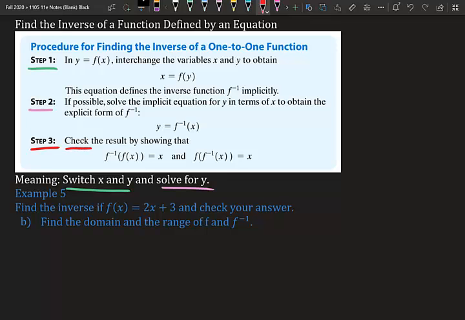So to check, we're going to do the inverse composed with the function, and we need to make sure it equals x, and then our second part is to do the function composed with the inverse and make sure it equals x. So we are going to check it for example 5, but you do not need to check for the test or for the homework. We're just doing it for this example.